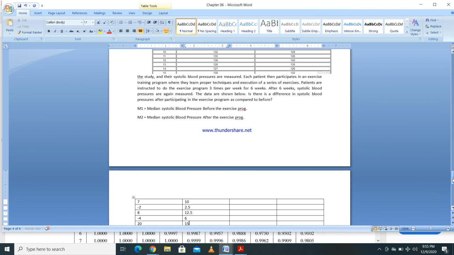when you write the hypothesis here, you have to check whether there is a difference between the systolic blood pressure levels after participating in this exercise program.